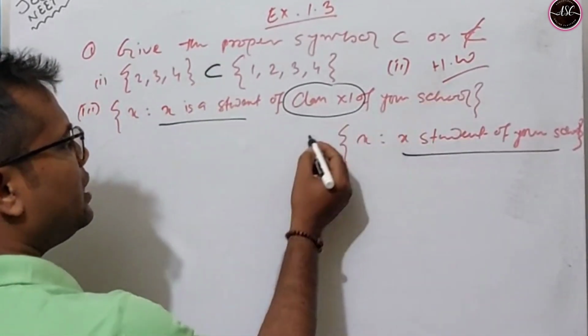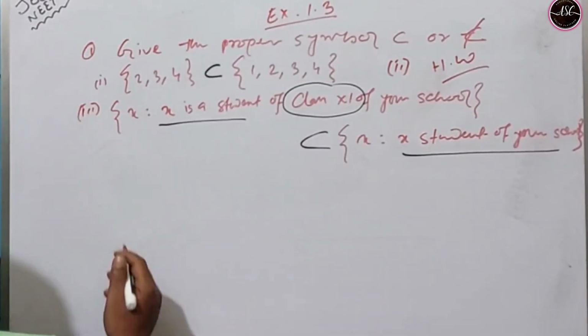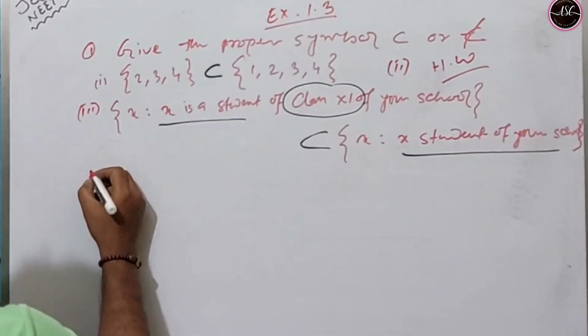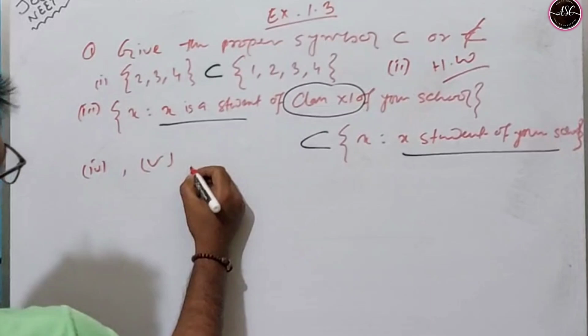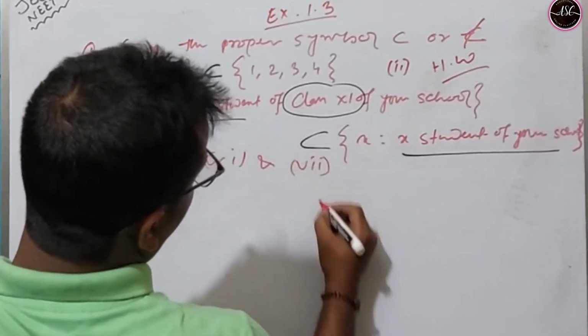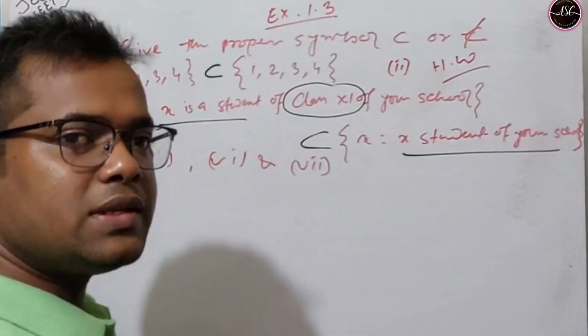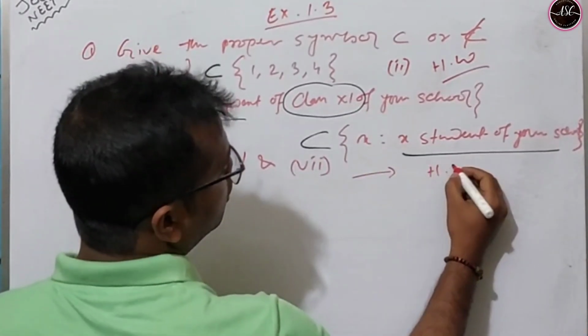So the first set is a subset of the second set. Then 4, 5, 6 and 7 are all the same type, so these are homework.